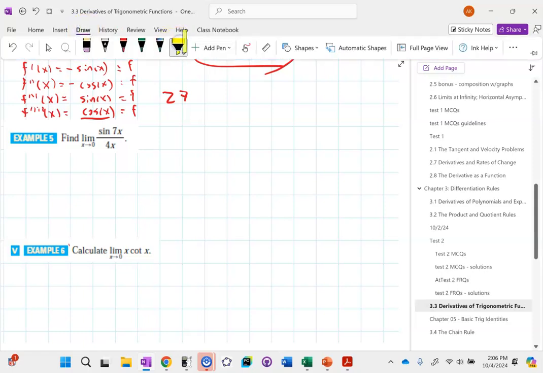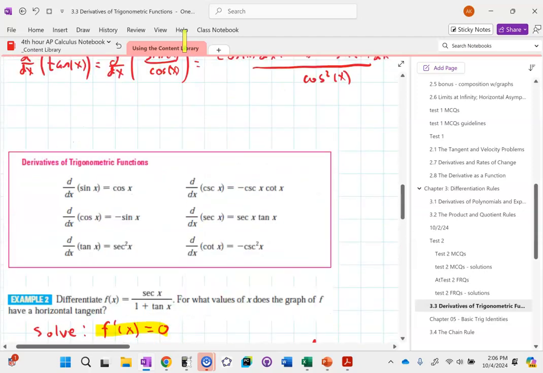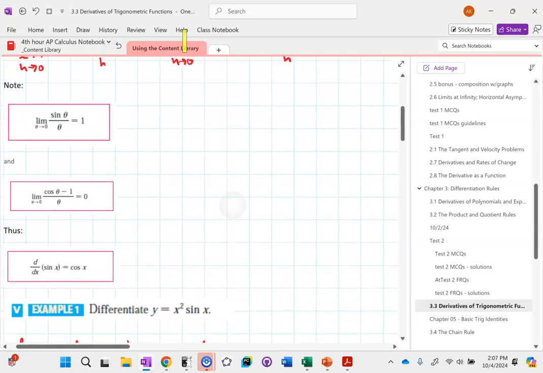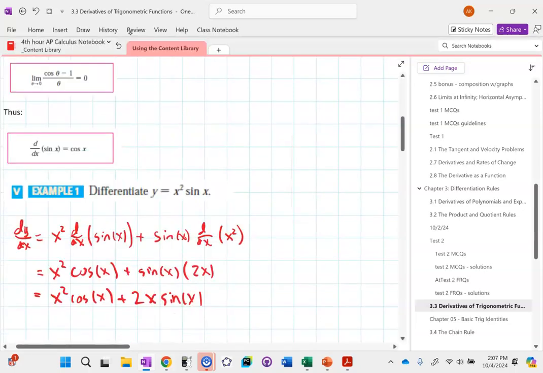So here's the trick. I want to make this fit into this guy. So I need to somehow make the limit that I have into sine theta over theta. Everybody's cool with the plan?